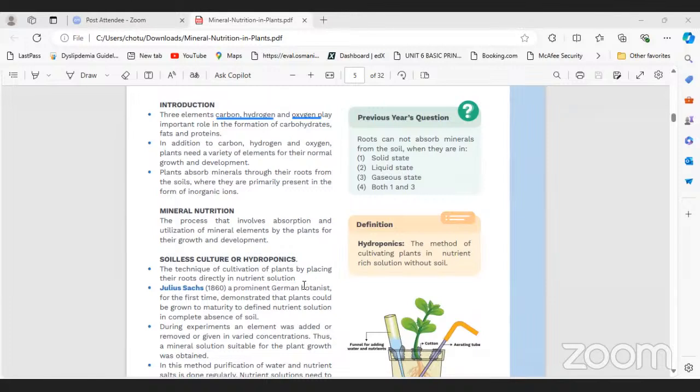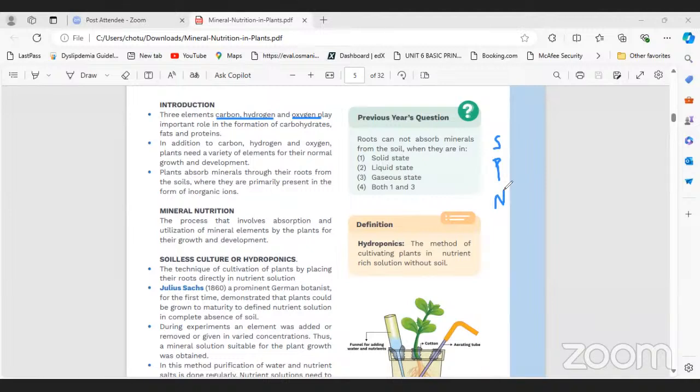Other elements, like sulfur, phosphorus, and nitrogen, are required in the formation of protein, which is an important constituent of protoplasm.